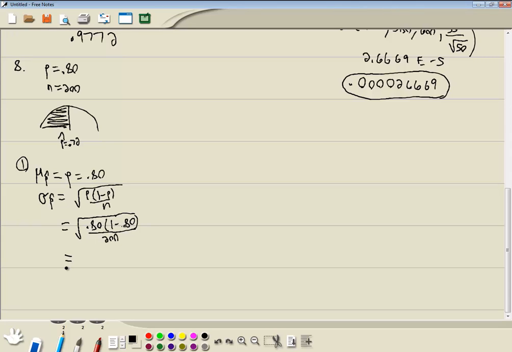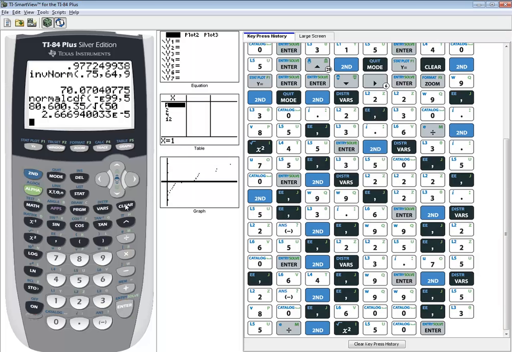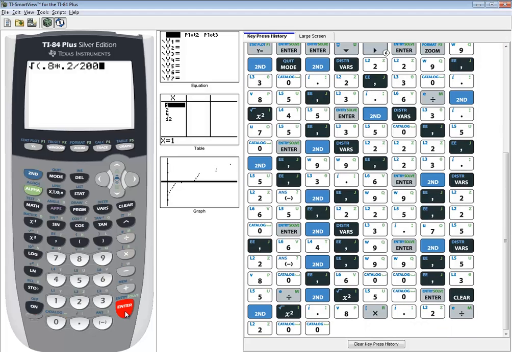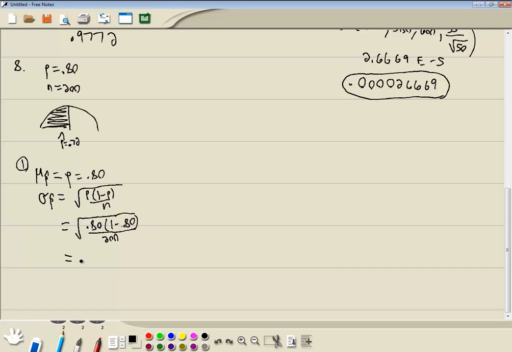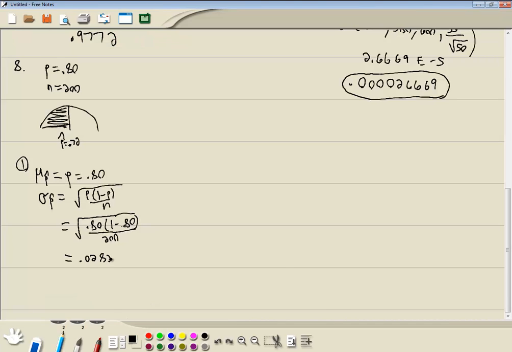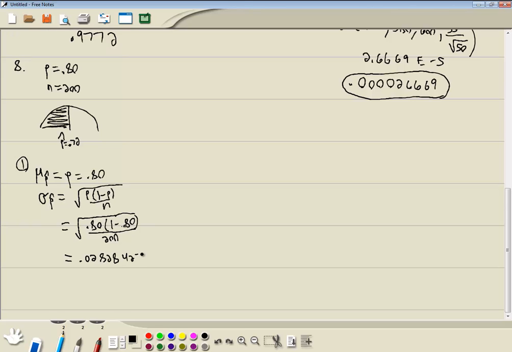Let's see what that gives us. So do second x squared, 0.8 times 0.2 divided by 200. And that gives us 0.02828422712.